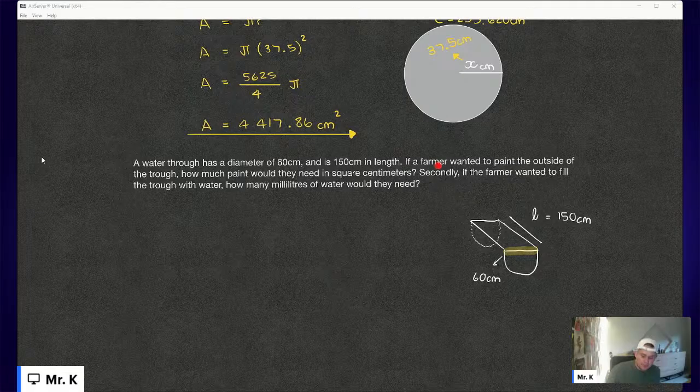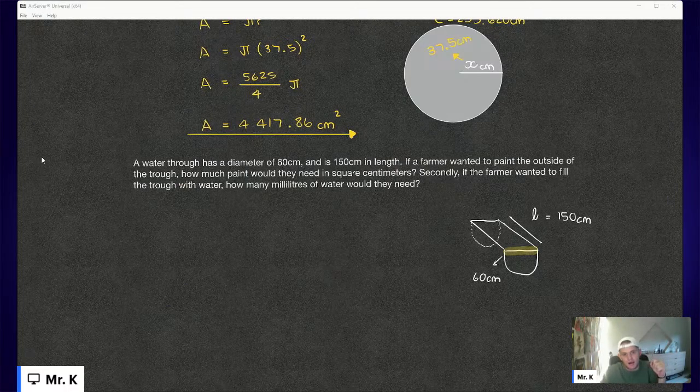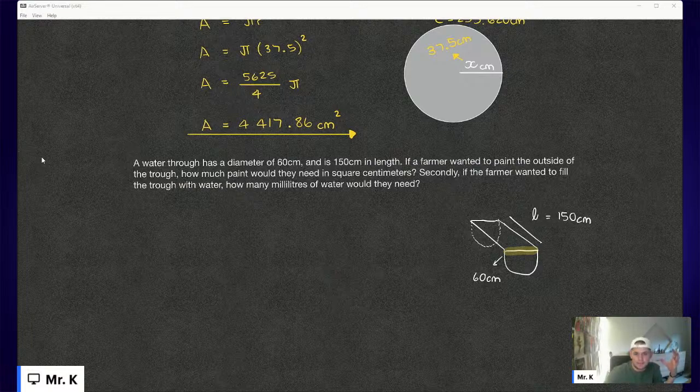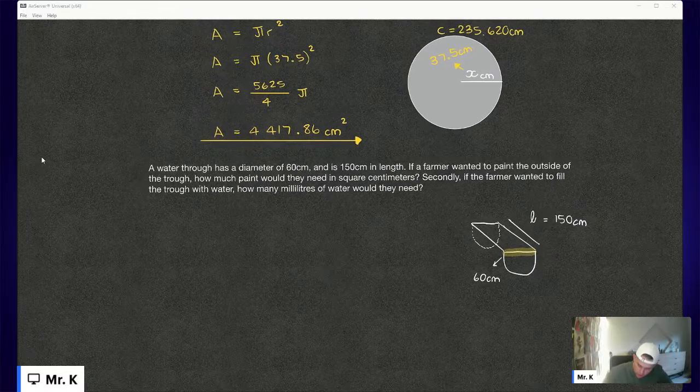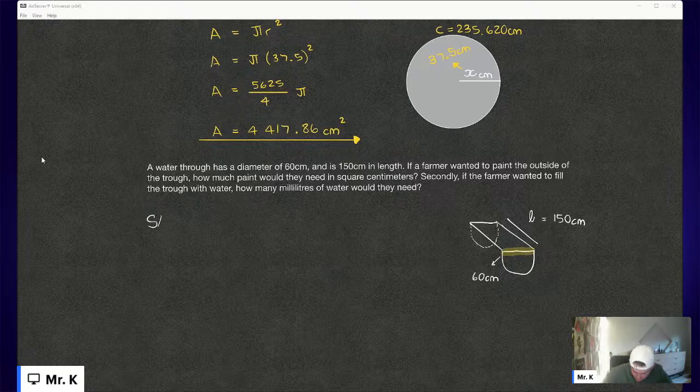If a farmer wanted to paint the outside of the trough, how much paint would they need in square centimeters? So if we think of this as almost like a water bottle cut in half, right? It's half of a cylinder. How do I calculate the space on the outside of this shape? We know that we would have to be working with the surface area of the shape, right?